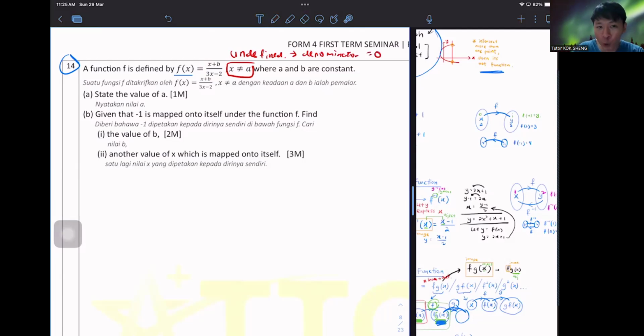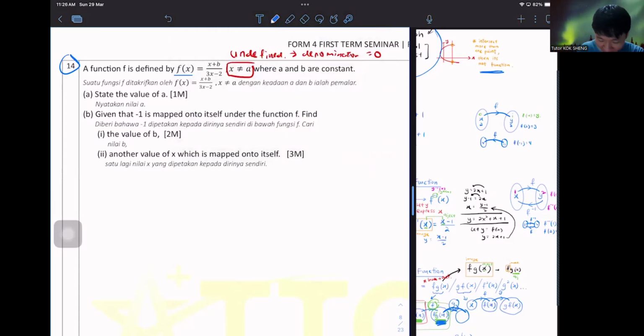That's why if you want to know what is the A value, what you shouldn't sub into that object, you have to take the denominator and set it equal to 0. If they're asking for A value, then you have to go this way to find A.